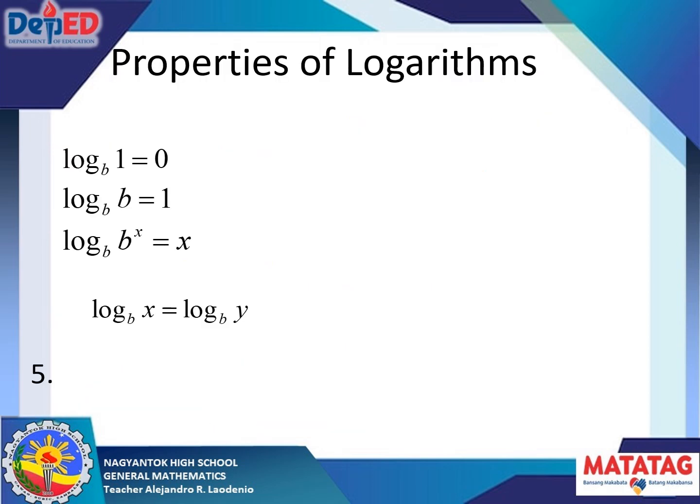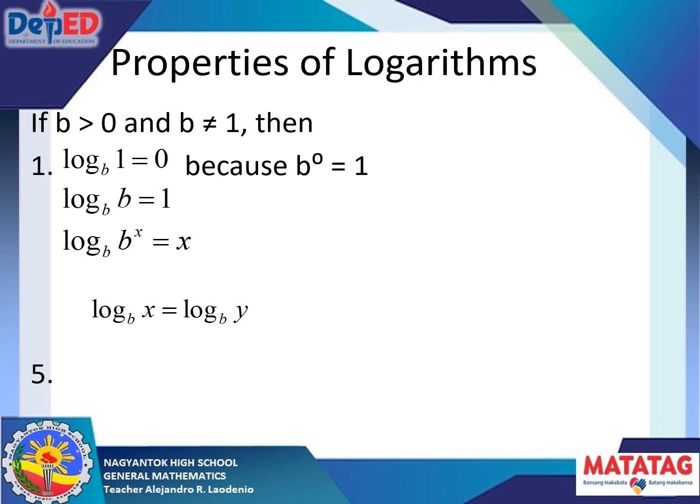Okay, so the properties of logarithms. We have the first property, wherein b is greater than 0 and b should not be equal to 1, as what we have discussed earlier. The first property is the log of 1 to the base b equals 0, which means our base is b and our exponent is 0.